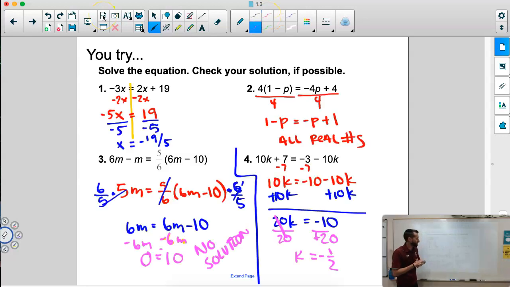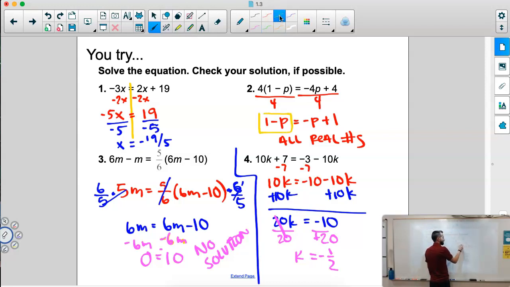All right, here are the answers for these ones. I do want to point out on this one that I did put all real numbers, and I want to make sure you guys see specifically this one. Please look through all of them, but on this one, you have 1 minus p equal to negative p plus 1. In math, if you remember, there's something called the commutative property, and the commutative property says that you are allowed to switch the order of addition.